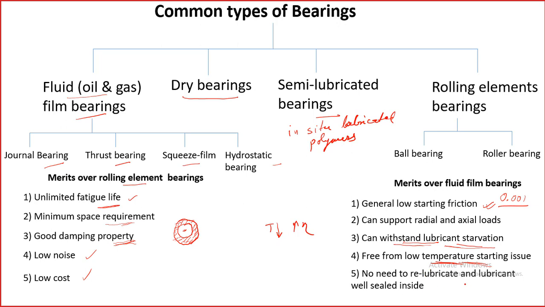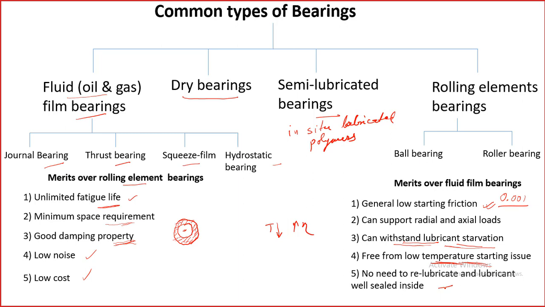No need to re-lubricate, and the lubricant is well sealed inside. For fluid film bearings, in many cases re-lubrication is necessary, and in most cases a supply line is necessary, so there must be a supply of the lubricant.